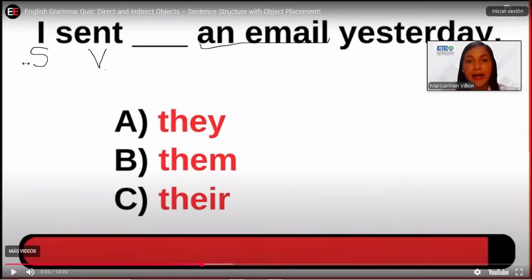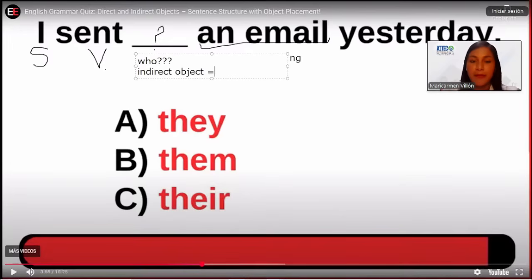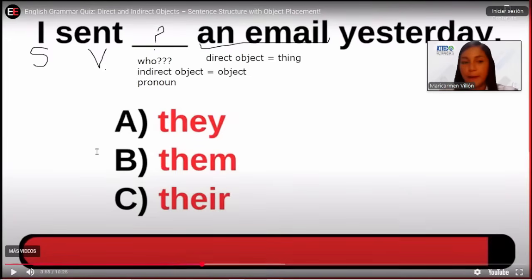This is the direct object or the thing, of course. So who received the email? Who? We need that indirect object here. And remember that the indirect object is the same as the object pronoun. So which one is object pronoun? They, them, or their?